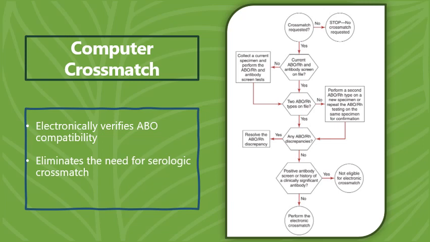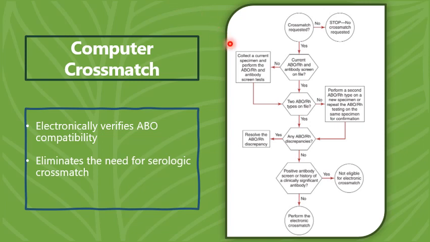The Laboratory Information System, or LIS, must contain donor unit information like identification number or serial number, type of component, ABO group, Rh type, donor confirmation typing, and interpretation of the compatibility with the recipient.